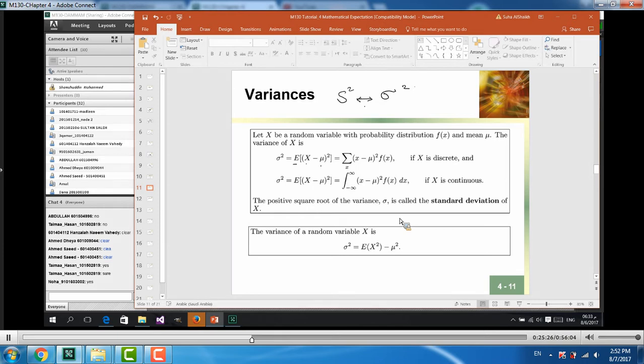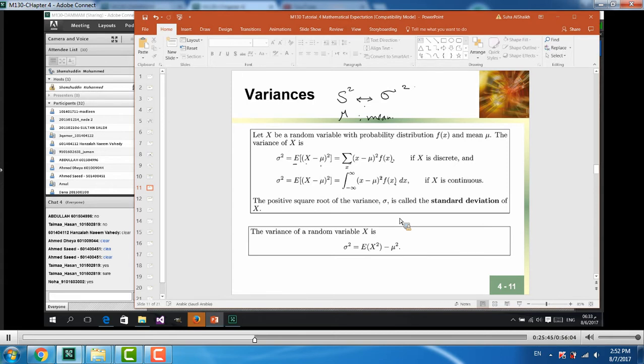The variance is defined to be the expectation of x minus mu, everything squared. The expectation means the sum of (x minus mu) squared f(x). If it is continuous, it is the integration of (x minus mu) squared f(x).